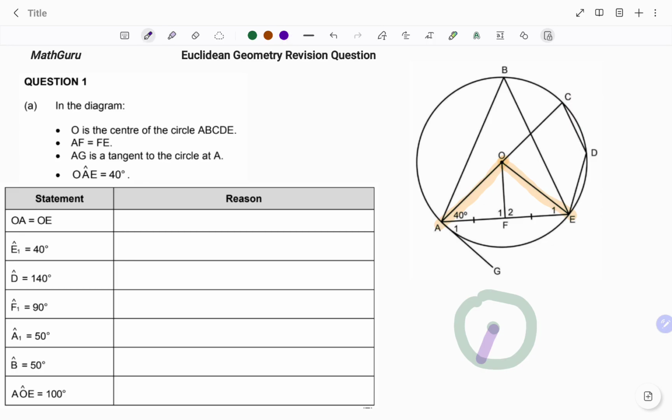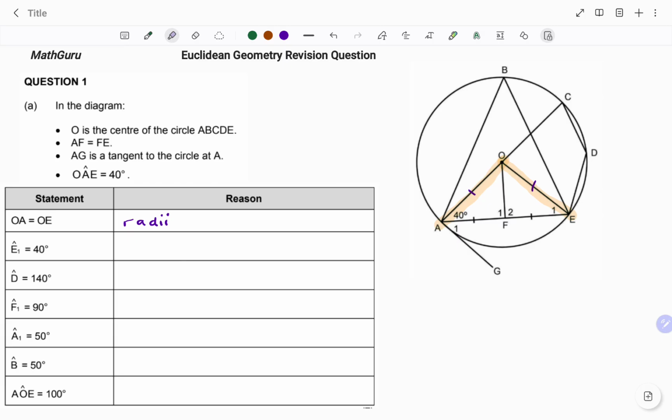So therefore, the line OA is equal to the line OE because they are both radii to the circle. So the reason will be they're both radii.